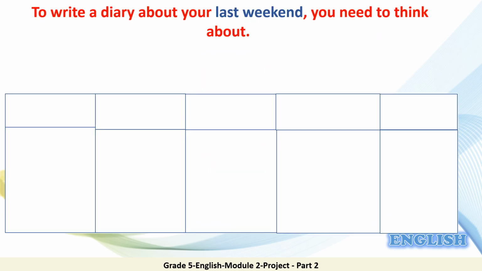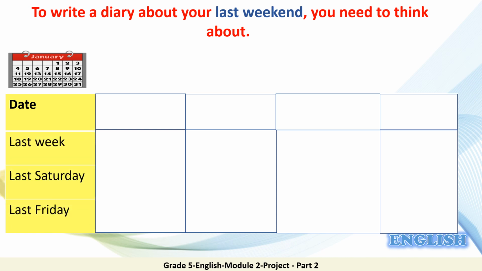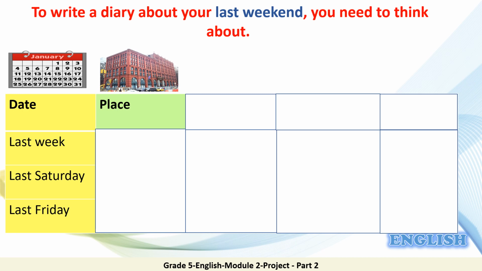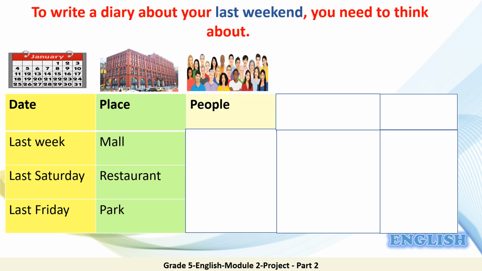Here, to write a diary about your last weekend, you need to think about date. For example, last week, last Saturday, last Friday. Then, place. For example, mall, restaurant, park. Then, people.